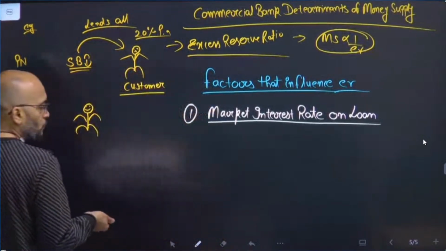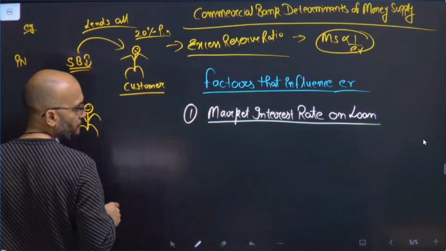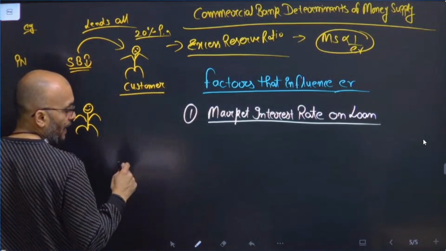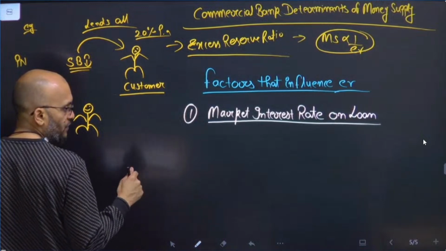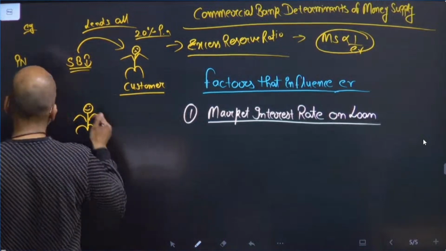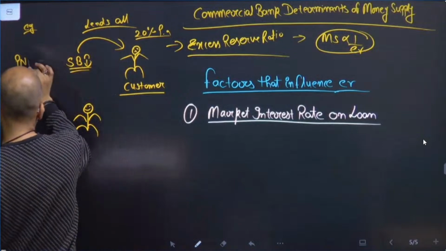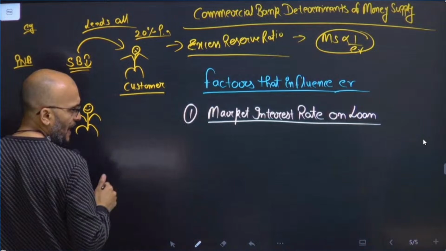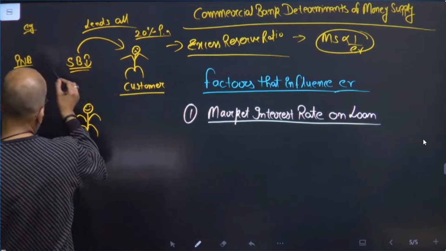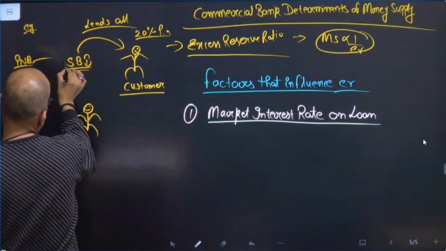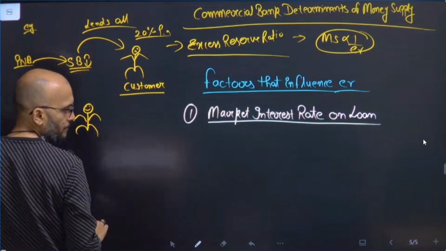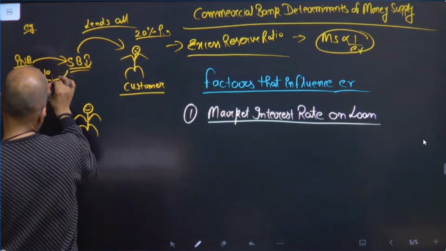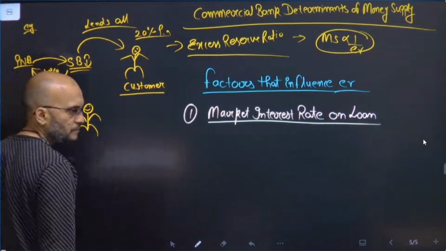Now what will SBI do? It does not have any excess reserve, and this customer is asking for a hefty amount. So what to do? SBI will contact PNB and take, let's say, 20 lakh rupees from PNB, and SBI will pay 10% interest on it.